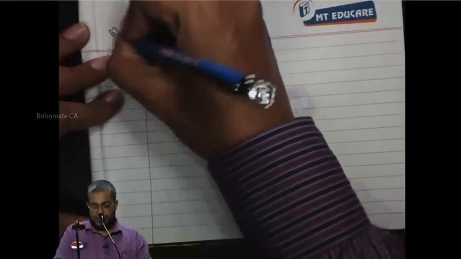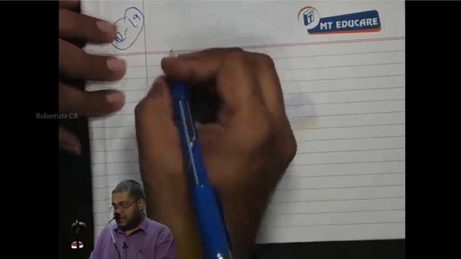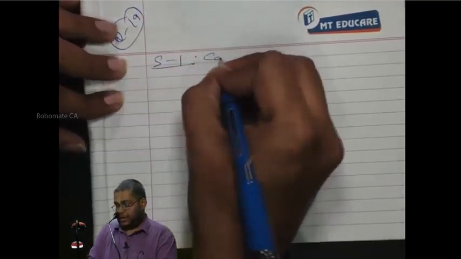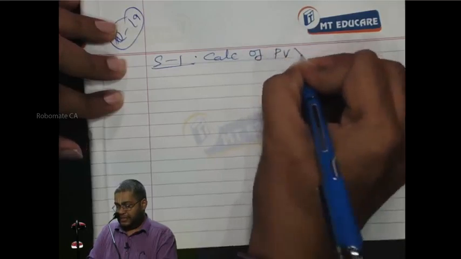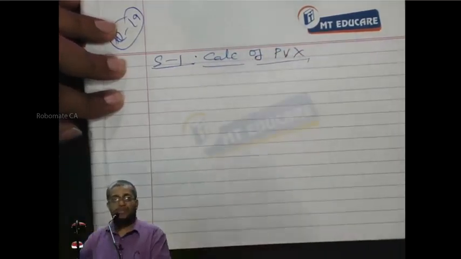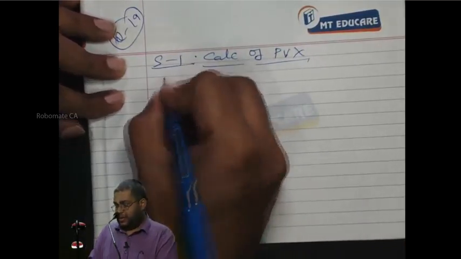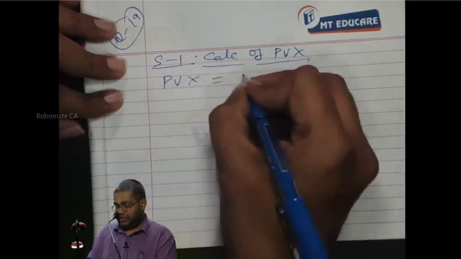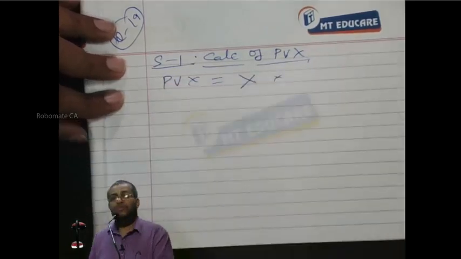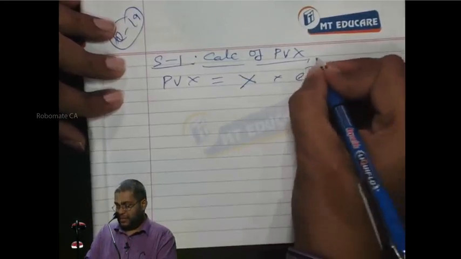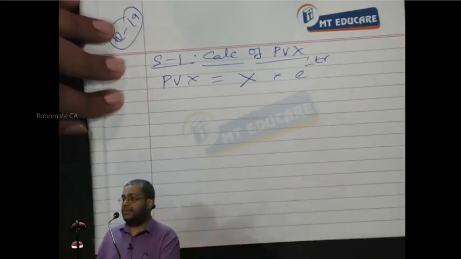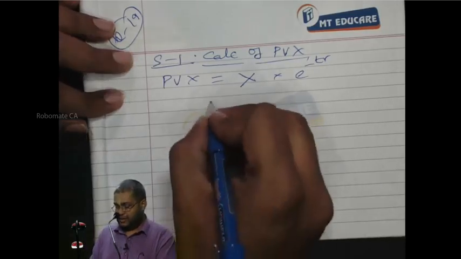Present value of strike price is equal to strike price into e power minus rT.